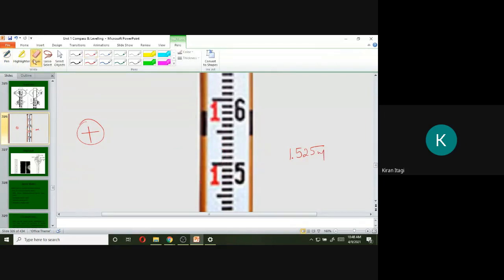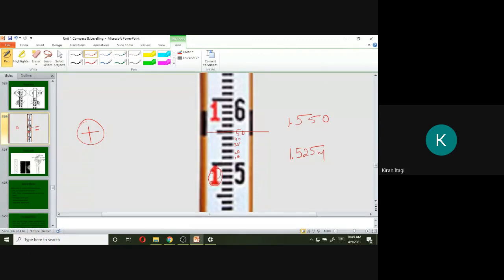If your staff is at this point, it will be 1 point. Here we have 1, so 1.5. This is 1, 2, 3, 4, 5. This will be 5, 0, 10, 20, 30, 40, 50.